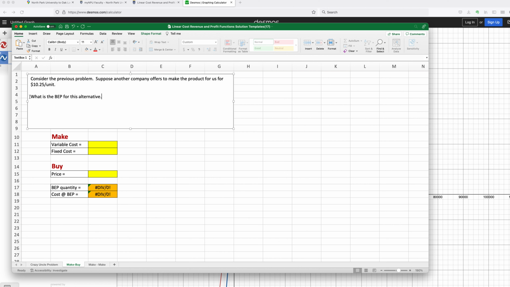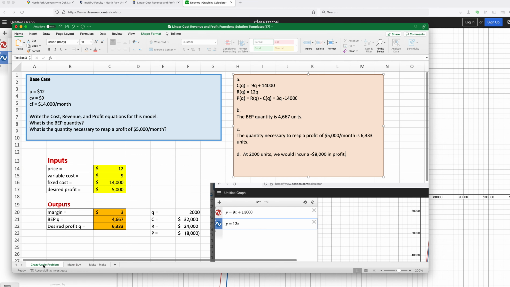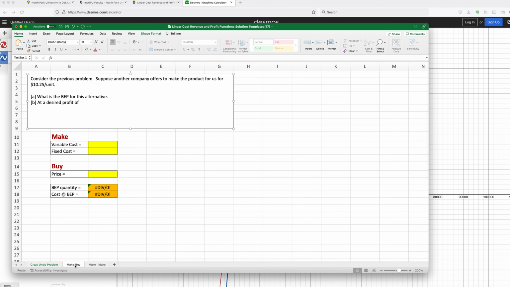And we said, let's put letters, since we didn't put letters last time, A. And then if we go here, B. At a desired profit of, what do we say was our desired profit? 5,000 a month.